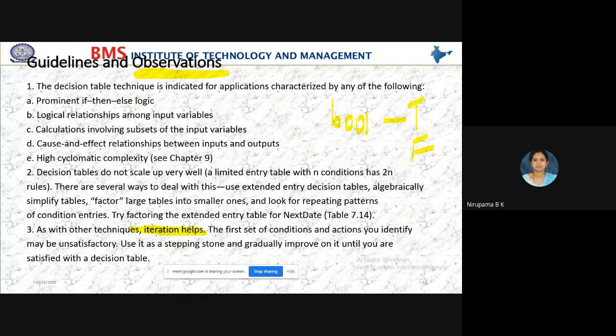The guidelines for the decision table are the Boolean value, the fact value or exact value, the relationship between the input output values, the subset value and the other variables. Based on this, we write a decision table.